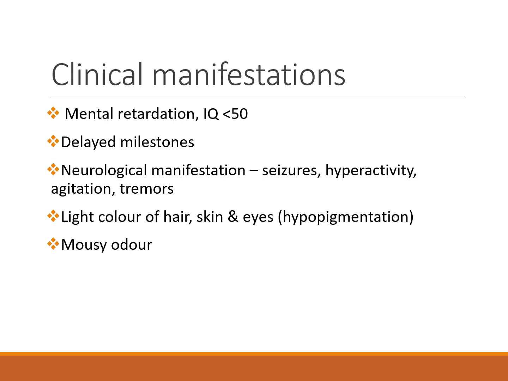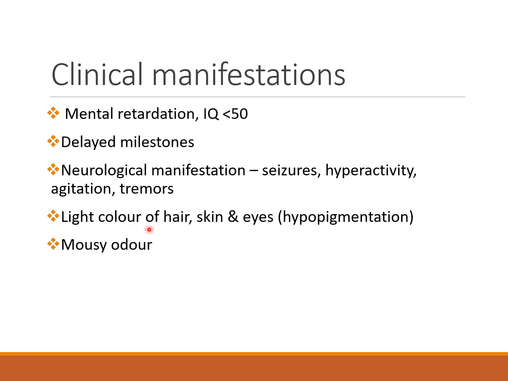The clinical manifestation in this disorder is mental retardation. That's why it is very important that PKU should be identified as early as possible, because the IQ level can fall below 50 in these children. There are also delayed milestones, and they also suffer from neurological manifestations like convulsions or seizures, hyperactivity, agitation and tremors.